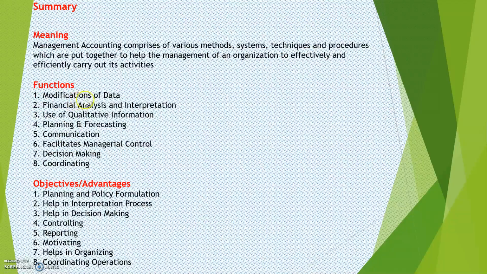So 8 functions: modification of data, financial analysis and interpretation, use of qualitative information, planning and forecasting, communication, facilitates managerial control, decision making, coordinating. Then objectives: planning and policy formulation, help in interpretation process, help in decision making, controlling, reporting, motivating, helps in organization, and lastly this coordinating operations.